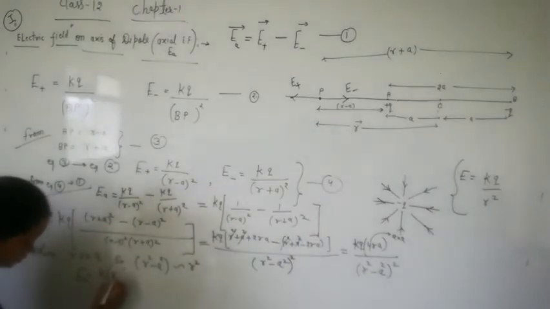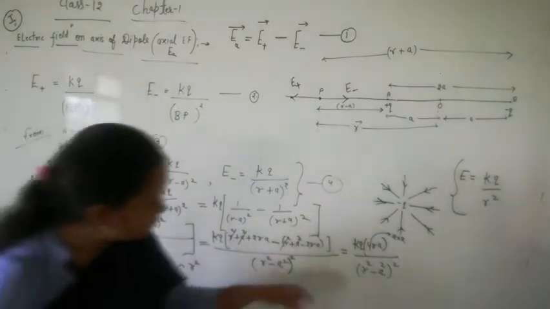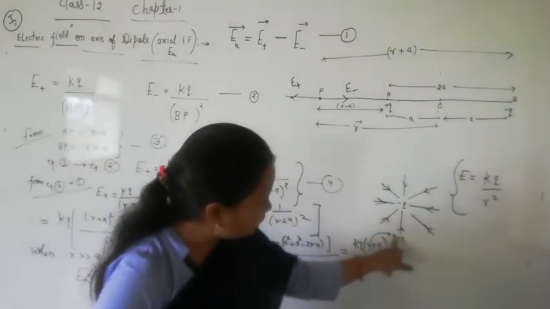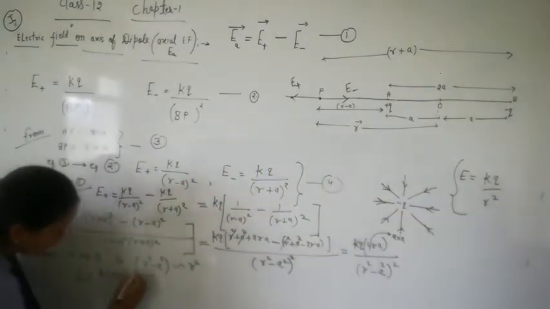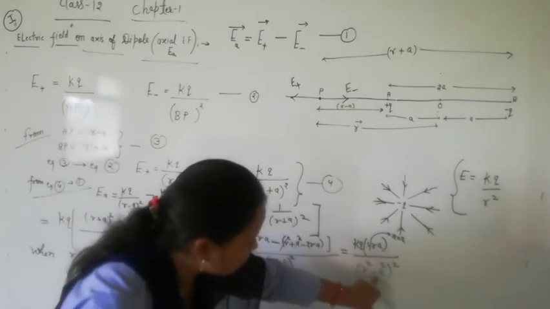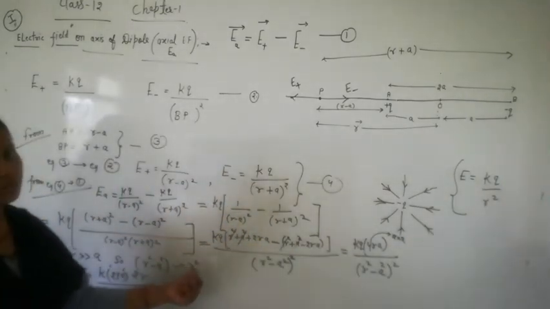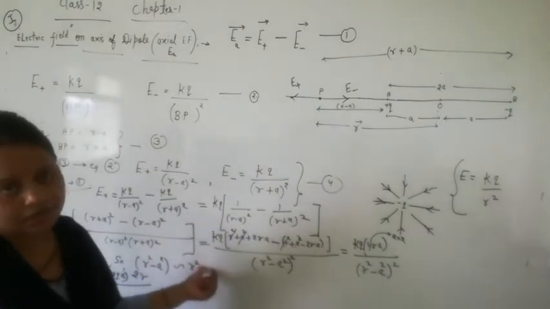Small r and 2 are separated, and the remaining term is 2r divided by r square minus a square. R square minus a square reduces to r square.